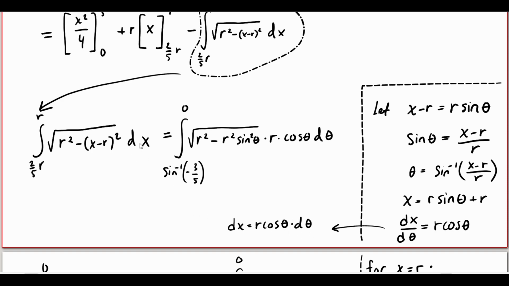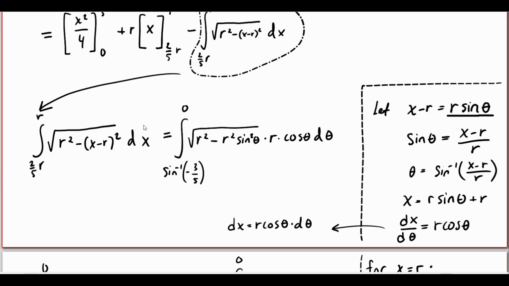So what we get now is the integral, and I will explain the limits, the lower x value and upper x value, in a moment. We have the square root of r squared minus, since x minus r is r times sine theta, r squared times sine squared theta.